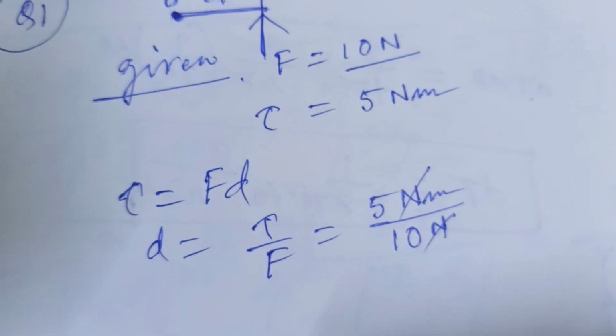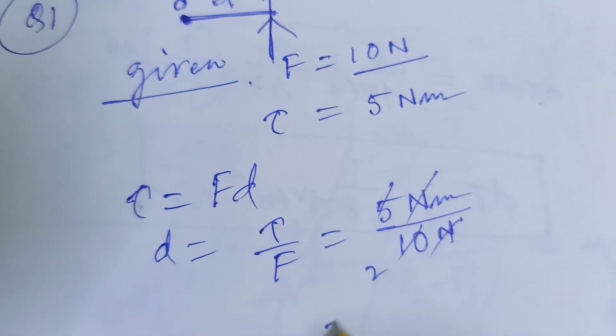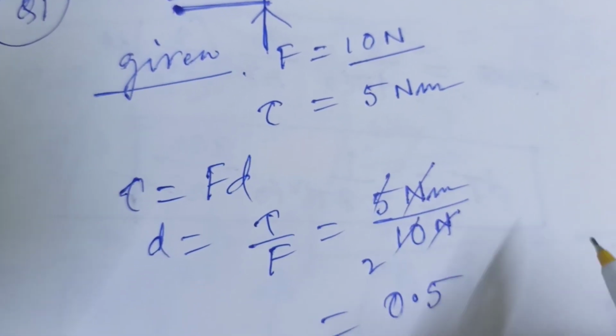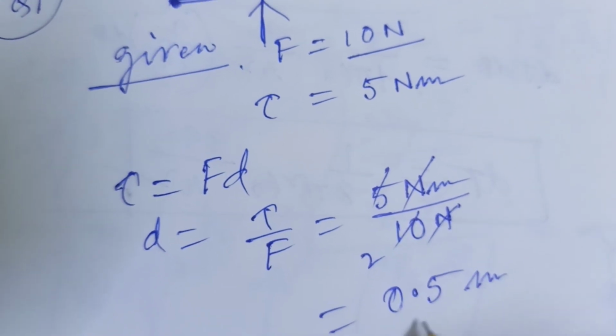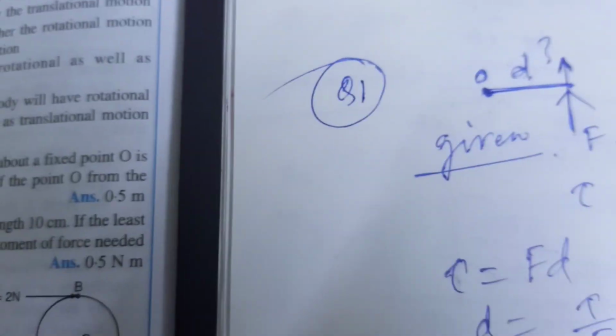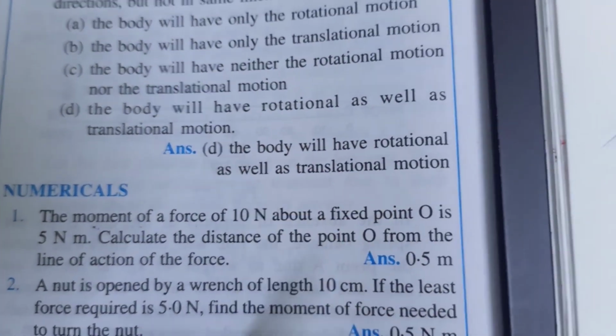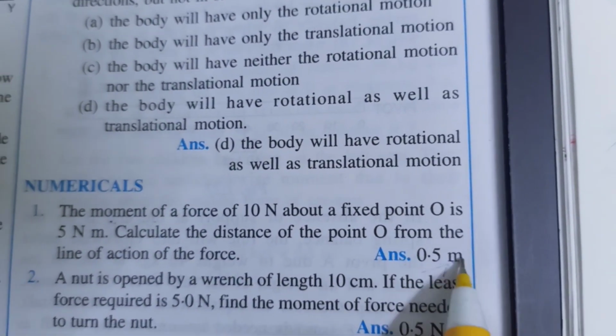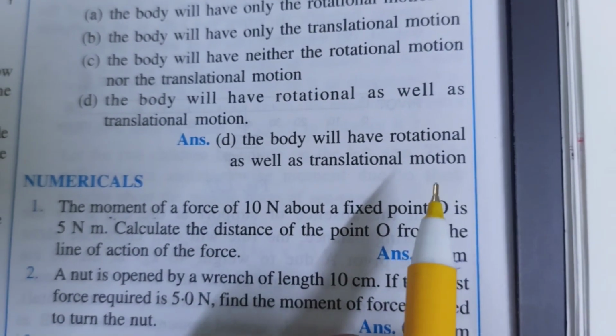So Newton cancel each other, and 5 by 10 is 0.5, half means 0.5. So 0.5 meter is the distance. So check the answer. This is 0.5 meter. So the answer is 0.5 meter.